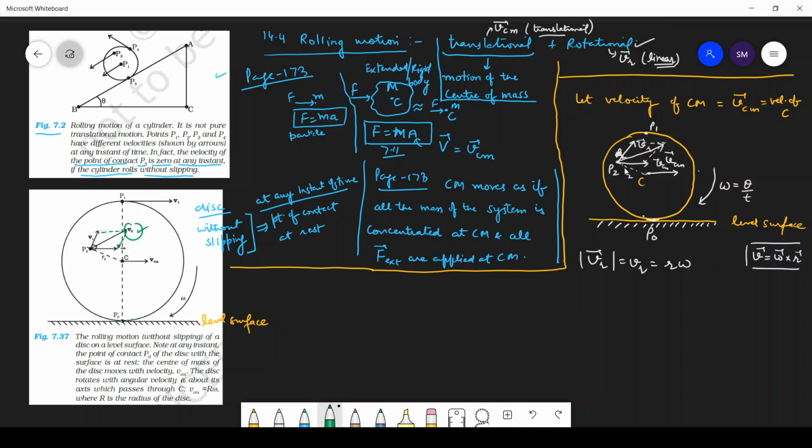That's V2, which equals VR, the linear velocity due to rotation, plus the translational velocity, that is the velocity of the center of mass. The velocity of the center of mass is the same for all the points at a particular instant.